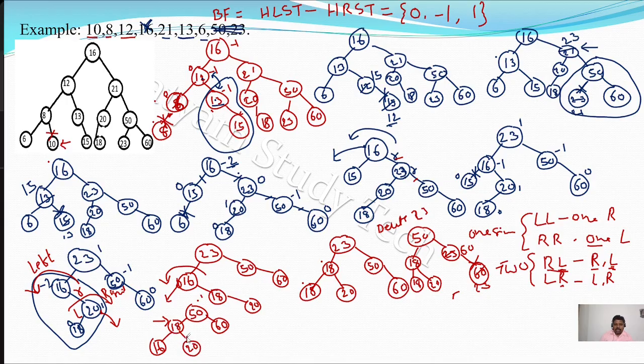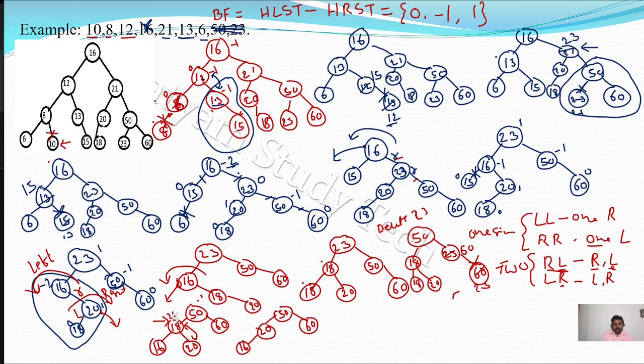So I am following the inorder successor. That's why I have to replace with 20, right? Here it is 60. Then it is 16. So 18 is deleted here.